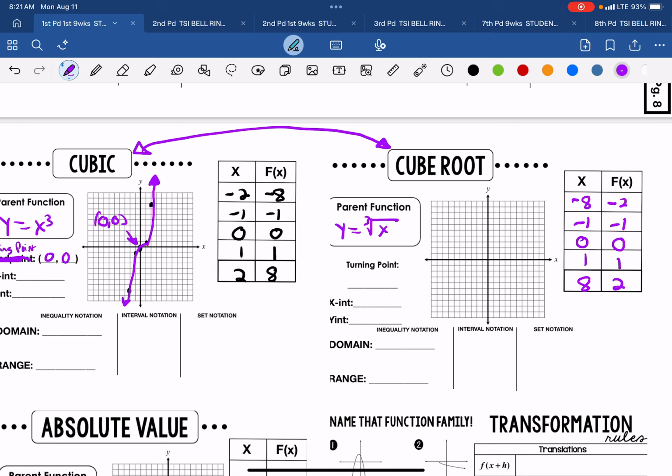And if you know this, well, that makes it very easy to graph. Because we have the table. It looks something like that. Our turning point is the same as here. It's 0, 0. Right? That's our x-intercept. That's our y-intercept.